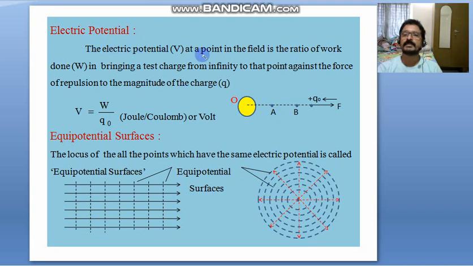Therefore, the electric potential at a point in the field is the ratio of work done in bringing a test charge from infinity to that point against the force of repulsion to the magnitude of the test charge. Okay, therefore electric potential is the ratio of work done to the magnitude of the charge.